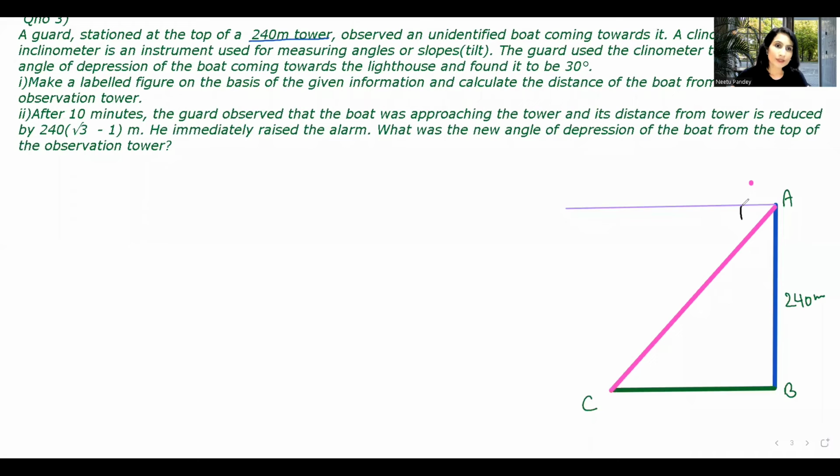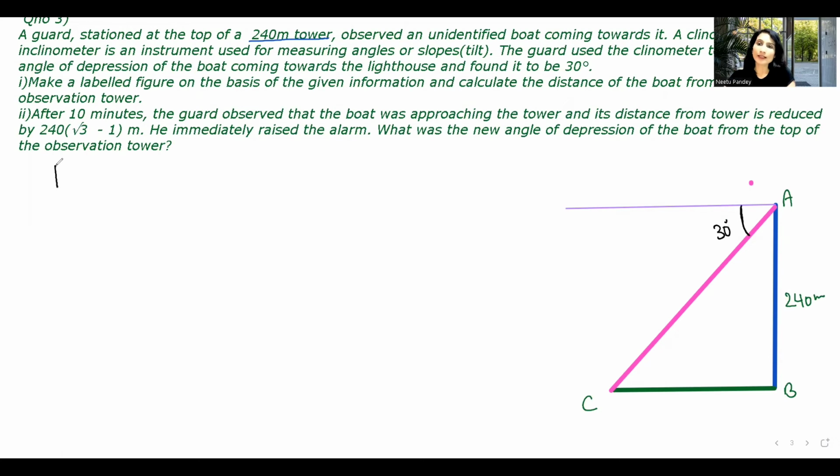So this is the angle of depression being formed, and it is 30 degrees here. The guard, stationed at the top of the tower, saw an unidentified boat at some distance from the tower with his clinometer, and found the angle of depression to be 30 degrees. So this is the labeled figure we have drawn. Calculate the distance of the boat from the foot of the observation tower.